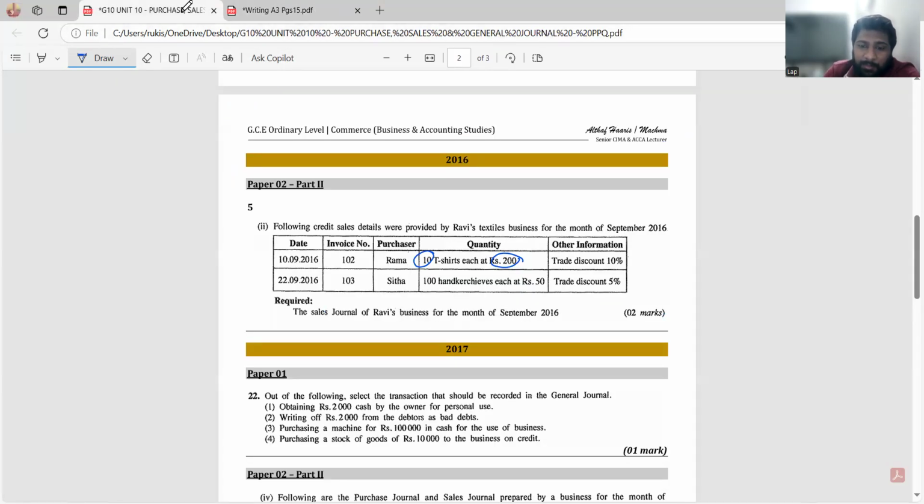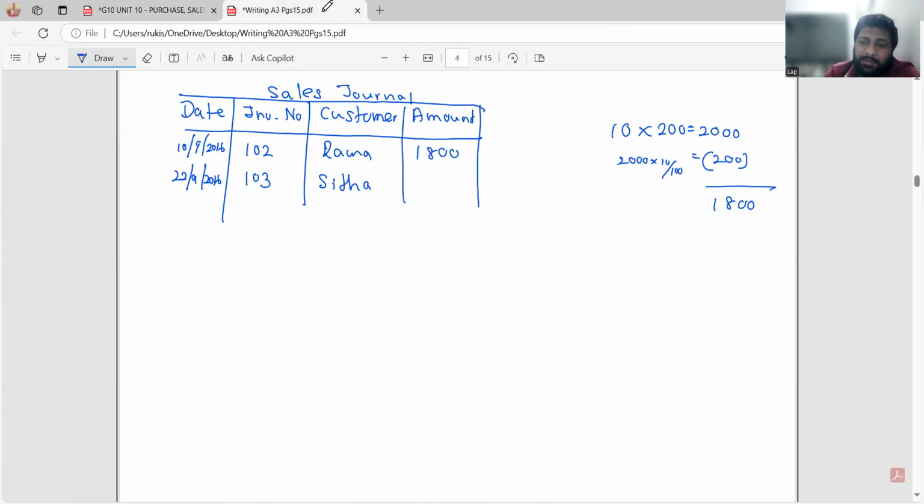Next one also says 100 handkerchiefs, each 50 rupees. That means here 5000. I can't write 5000 because we have to write the value always after the trade discount.